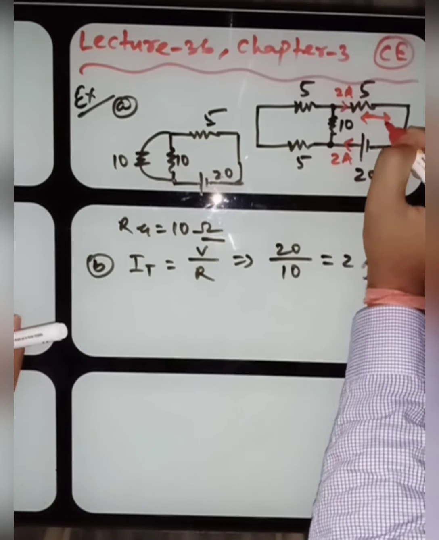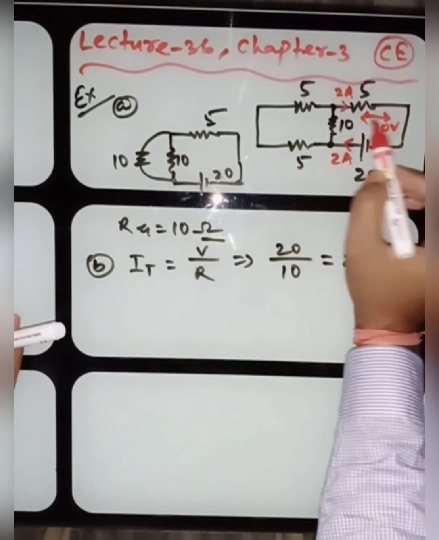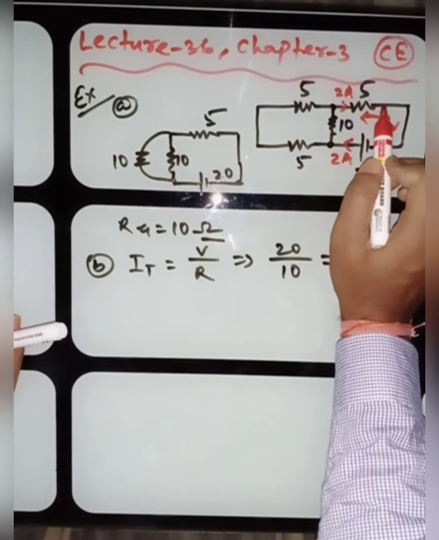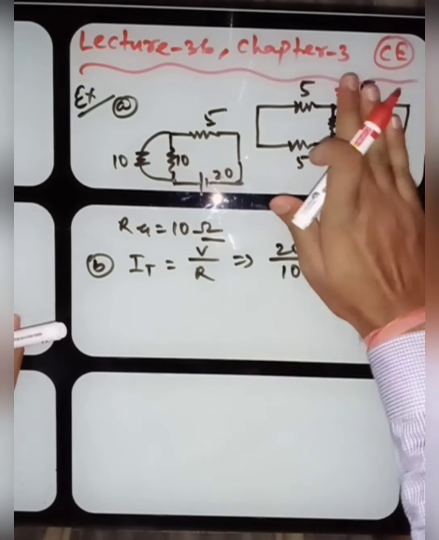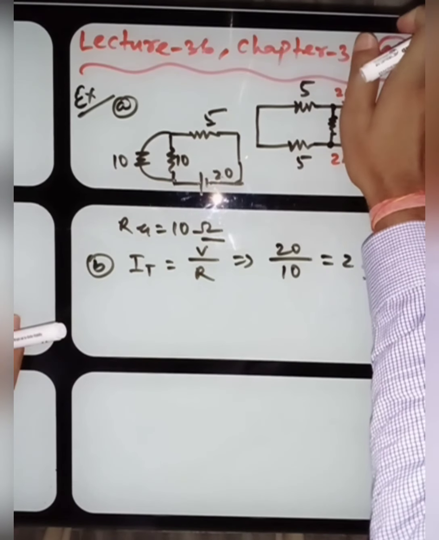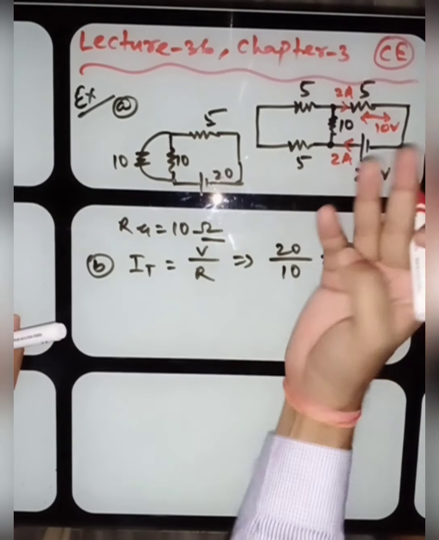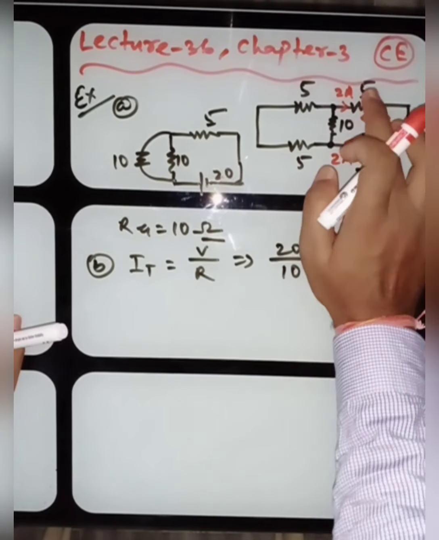You can see here the 10 volt is dropped already. If in this circuit 10 volt is dropped here, then the rest circuit, you can see, my dear students, is this one. This rest circuit will receive how much? It receives the rest voltage, it is 10 volt, because 10 volt dropped over here.